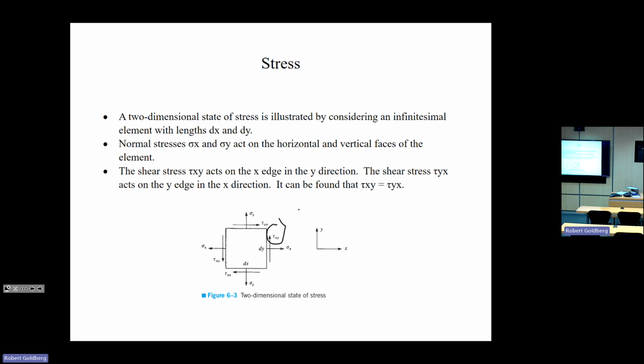And as we talked about, because the stress tensor is symmetric, tau xy does equal tau yx, and that's to preserve moment equilibrium. Because if they weren't equal, you'd have a moment, you'd have a rotation taking place, which obviously can't happen.